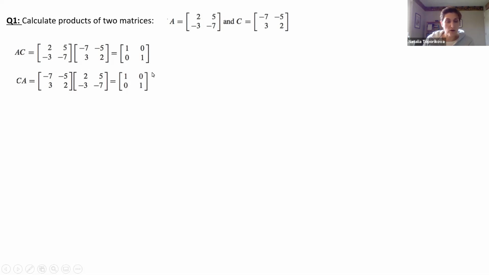So although we do not guarantee that the product of two matrices when reversed is the same, there is a very special kind of matrices, like we see here, where it doesn't matter what the direction of the multiplication is, we always get an identity matrix.